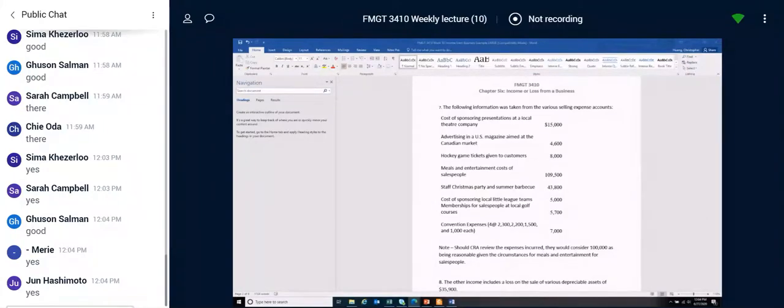Staff Christmas party, summer barbecue. Under 67.1, bracket 2, bracket F, that's on page 378. The Act says companies can have one of 6 special events in the year where they invite all employees.